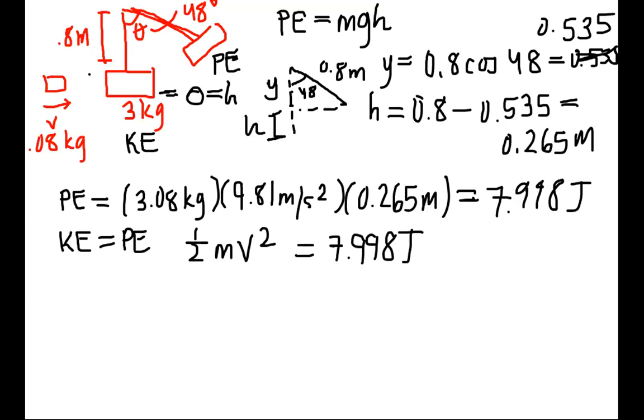Yeah, exactly. So this is going to give us the initial swing of the block right after it was hit, but it's not actually how fast the bullet was moving initially. So we still have more steps to go, but this is one step closer.